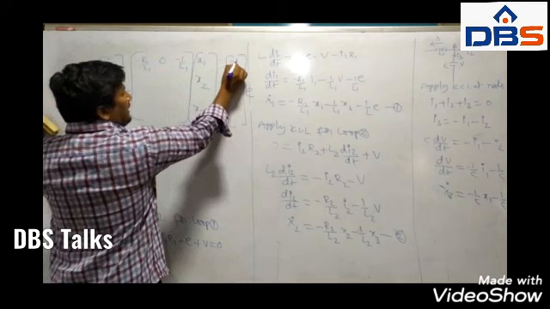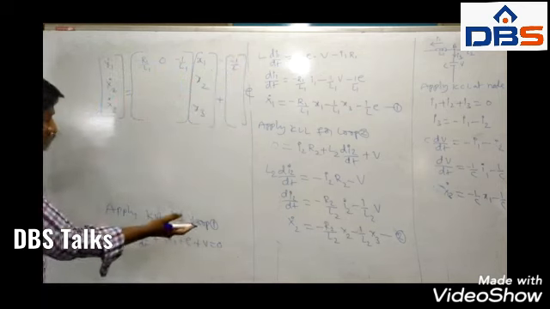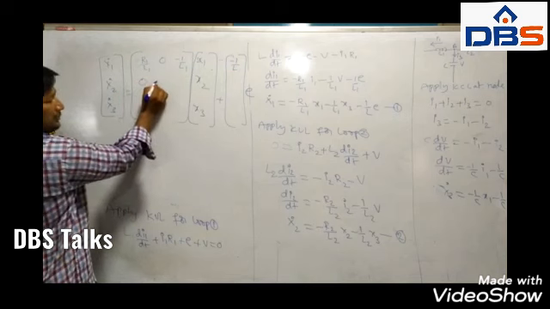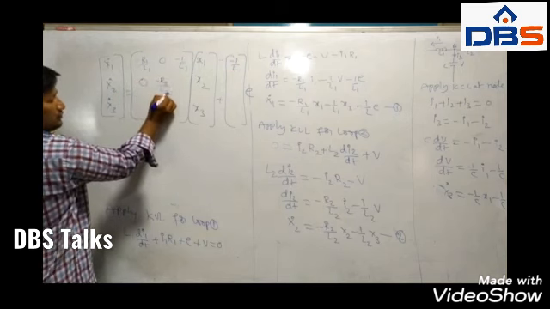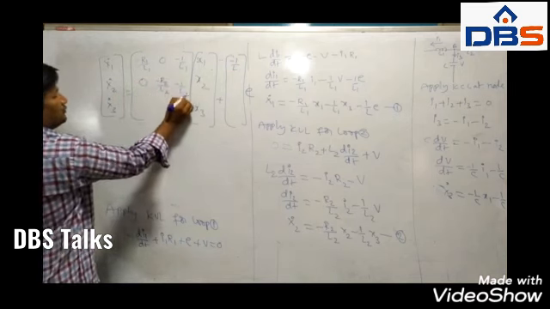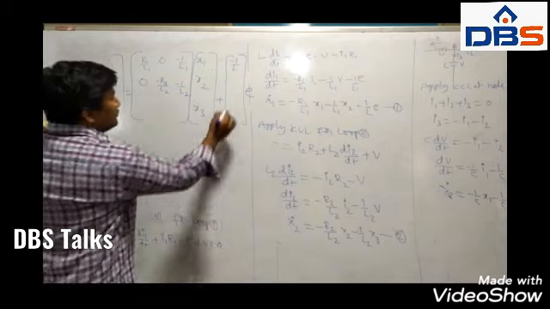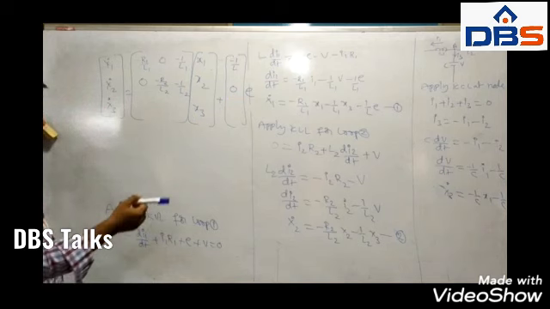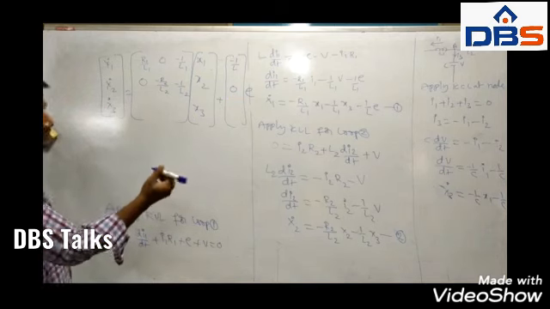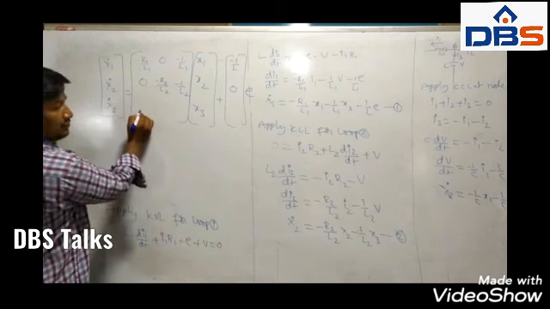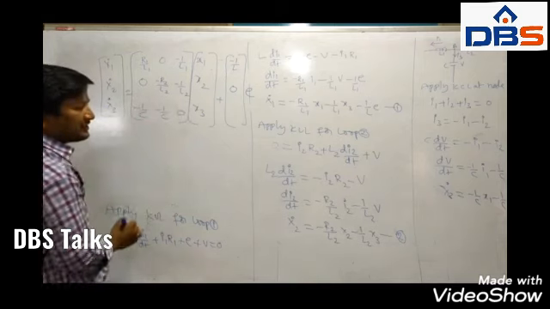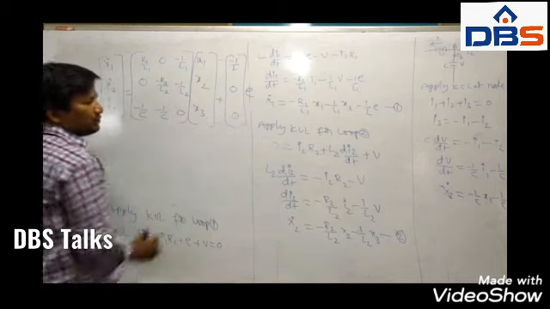From the second equation: there is no x1 term so 0, minus R2 by L2, minus 1 by L2, and there is no input term. From equation 3: minus 1 by C, minus 1 by C, there is no x3 term, and there is no input term.